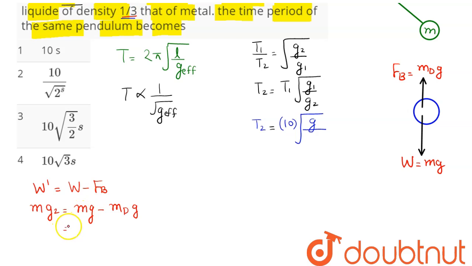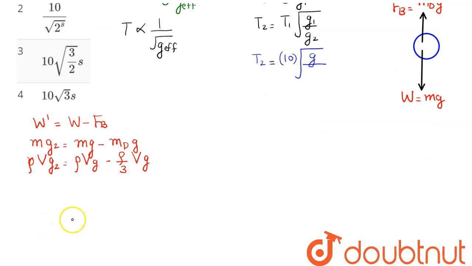So if density of the metal is rho and volume is V, then density of the liquid is rho by 3. So rho V into G2 equals rho V into G minus rho by 3 V into G. We need to find the value of G2.